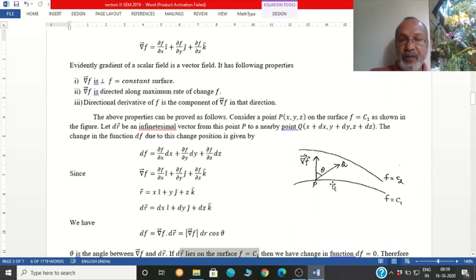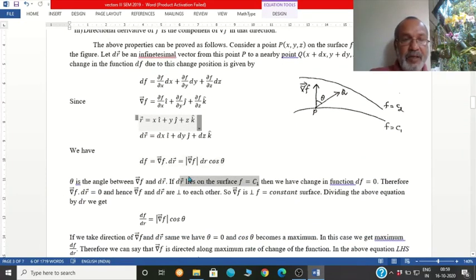Then there is no change in the function because f is constant on that surface, so df will be equal to 0. If you substitute that here, then the LHS is equal to 0, so the RHS must also be equal to 0. Del f is not 0, dr is not 0, therefore cos theta must be equal to 0, therefore theta will be equal to 90 degrees because cos 90 is equal to 0. That means del f and dr are perpendicular to each other.